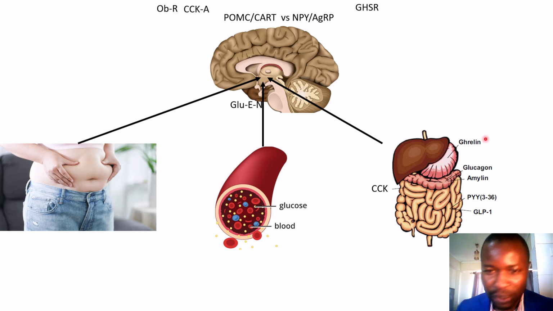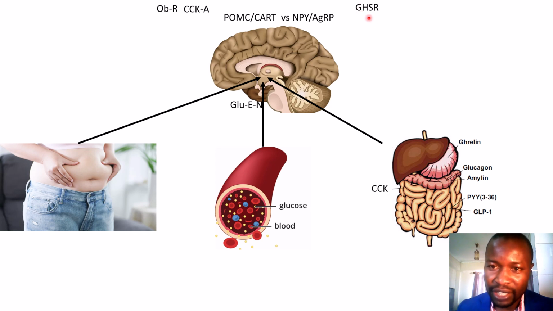Let me also talk about ghrelin. It activates the hunger drive. Whenever you're not eating, or you're fasting, or you're starving, there's elevation of what? Ghrelin. This ghrelin has its receptor, the growth hormone secretagogue receptor.